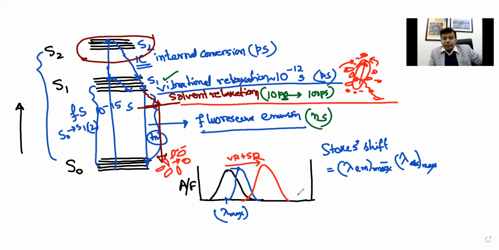If 100 photons have been absorbed, ideally you should get 100 photons back in fluorescence after all these processes. But in the best case scenario, you can possibly get about 94 to 95% of photons back as fluorescent photons.